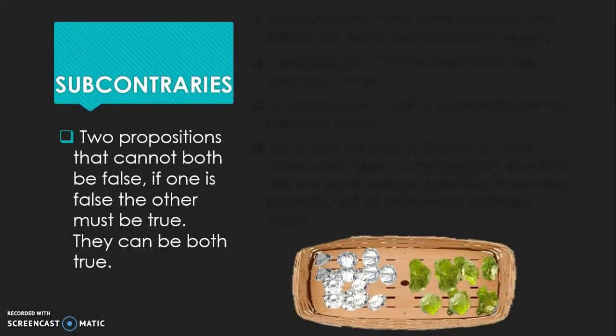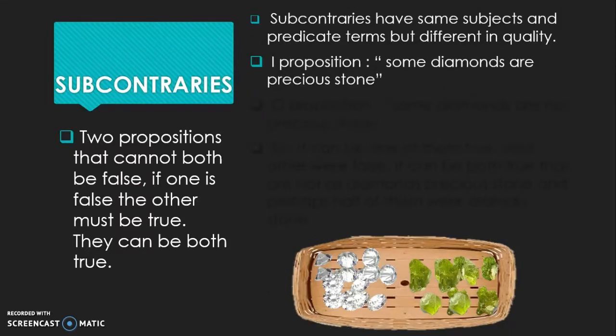Sub-contraries. What is sub-contraries? Two propositions that cannot both be false. If one is false, the other must be true. They can be both true. Sub-contraries have the same subject and predicate terms, but differ in quality.